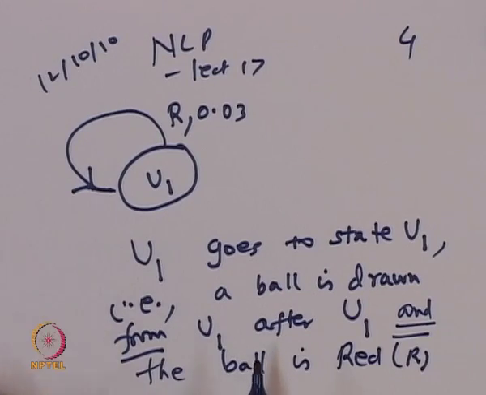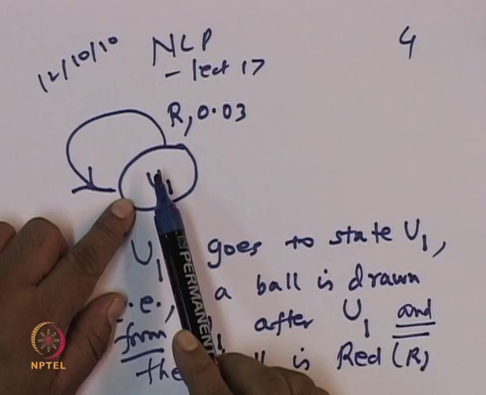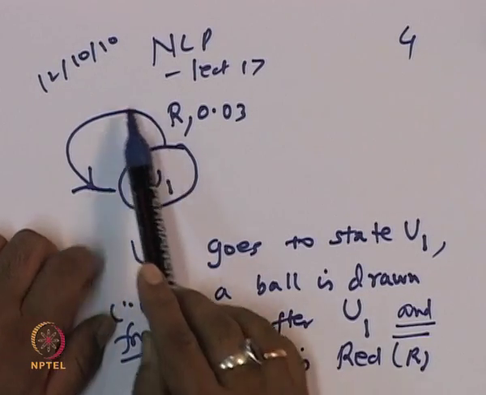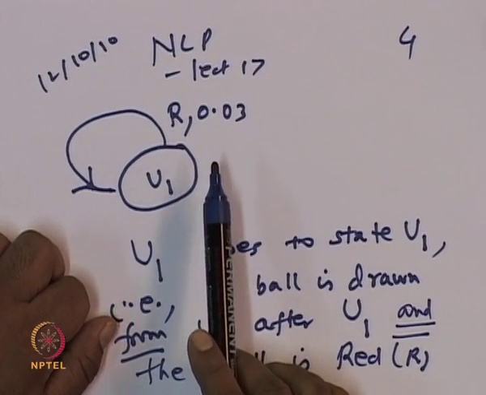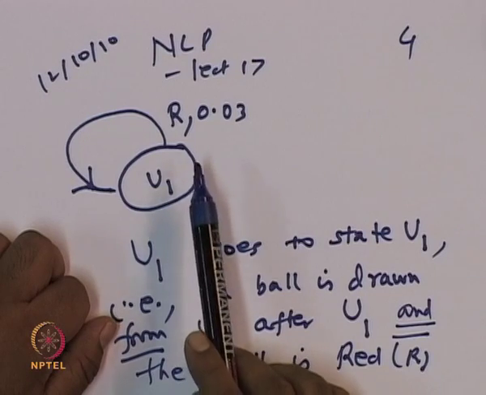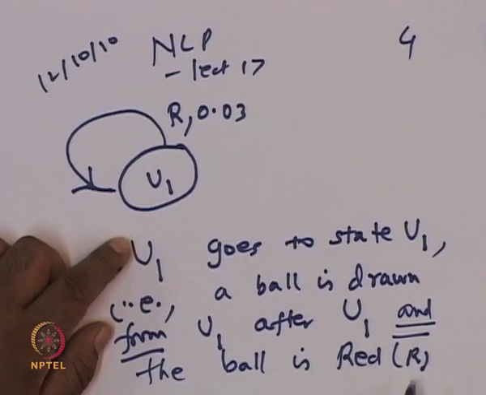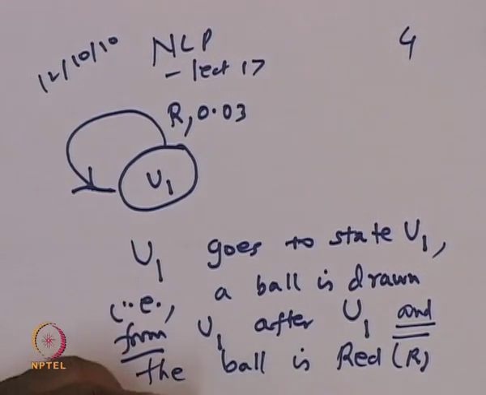Okay. So, this is the meaning. The meaning is that we draw a ball again from U1, but before that we have produced a red ball R from U1. So, this is a probability of a composite event. The composite event is U1 goes to U1, okay, and the ball drawn is red.